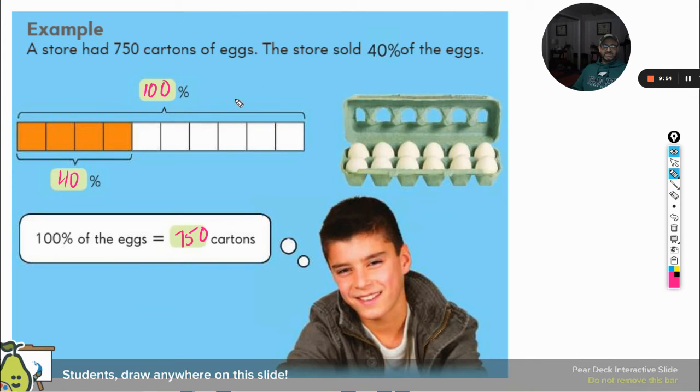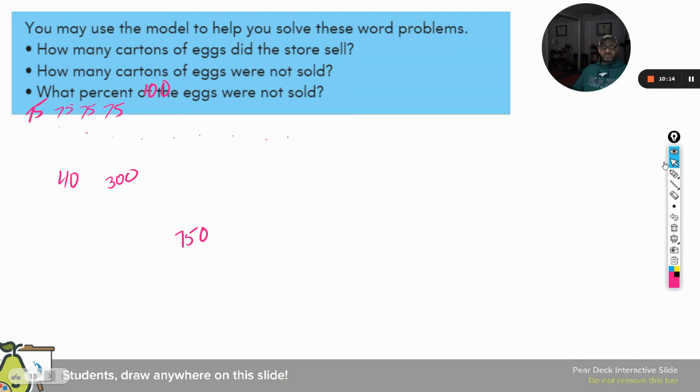If 100% is 750, then that's 10, 20, 30, 40, 50, 60, 70, 80, 90, 100, because we're breaking this into 10 pieces. Every 10% would be 75. 75, 75. I'm just predicting. So 40% is going to be 300.